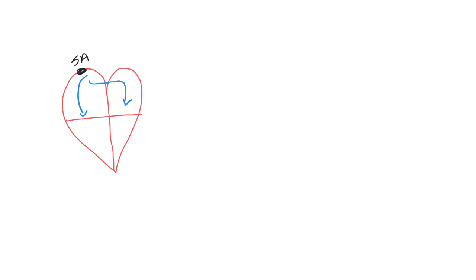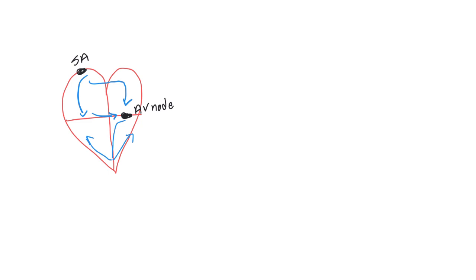They fire, they contract, and then the impulses hit the AV node. That AV node becomes depolarized. The pacemaker cells become depolarized. And now the impulse is sent down to the ventricles, and then the ventricles contract. So it's really the AV node firing that controls the ventricular response.